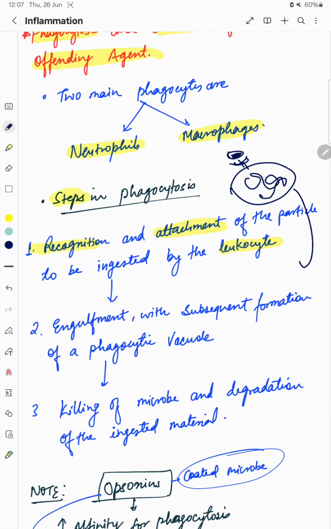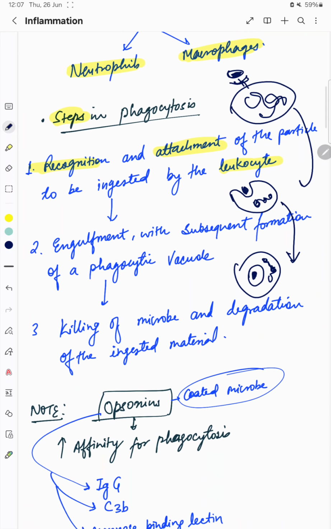After this, there is engulfment of this offending agent by the formation of a phagocytic vacuole, and after this phagocytic vacuole formation, there is killing of microbes by various enzymes.